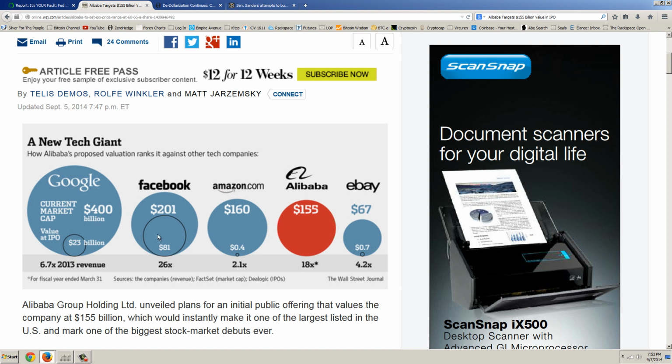Facebook IPO'd at $81 billion, and Google IPO'd at $23 billion. So Alibaba is already twice as large as eBay, almost larger than Amazon, will soon be larger than Facebook, and possibly will be larger than Google.